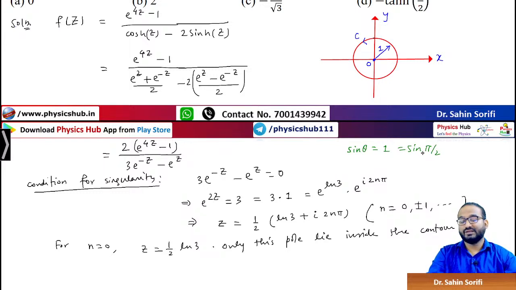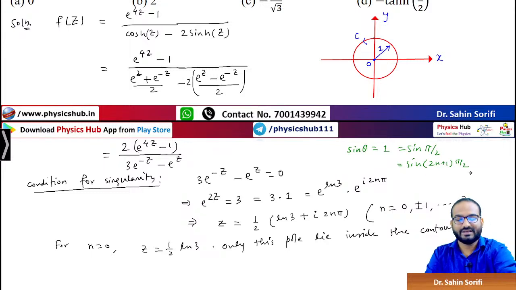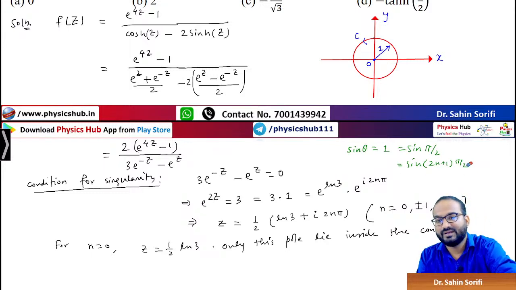But if you want a general value, what do you write? We write sin of (2n plus 1) pi by 2, right? This is how we write it. Now a negative sign is coming, but we write it in terms of n to get general values. So the same thing applies here.